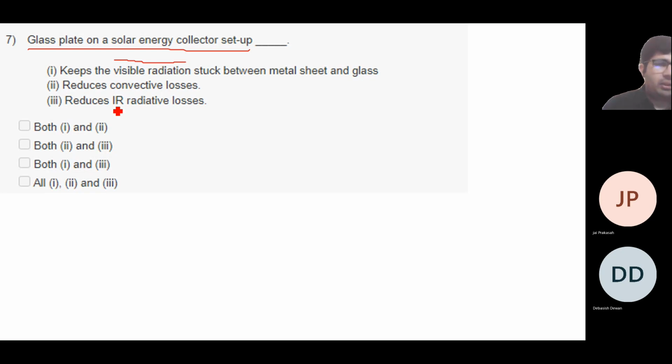So this option cannot be correct. The glass plate does not keep visible radiation stuck between the metal sheet and glass; it keeps the infrared radiation stuck.